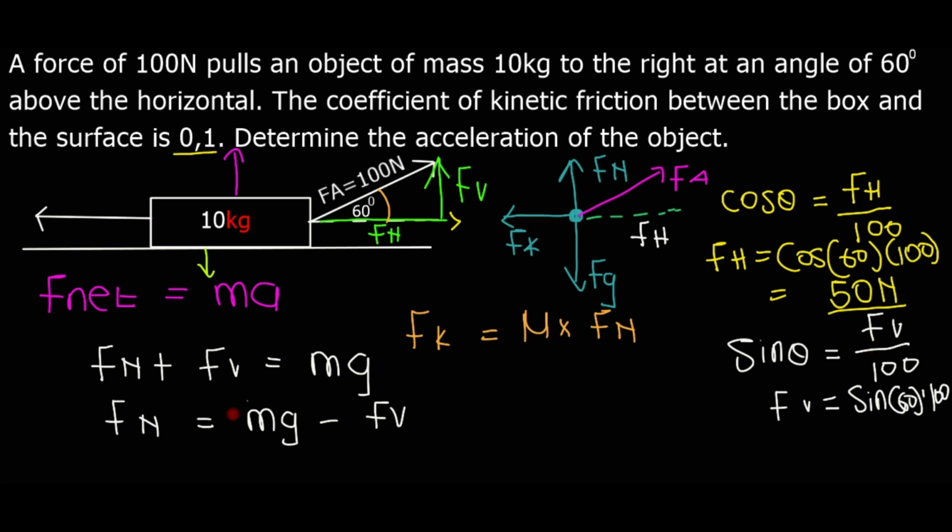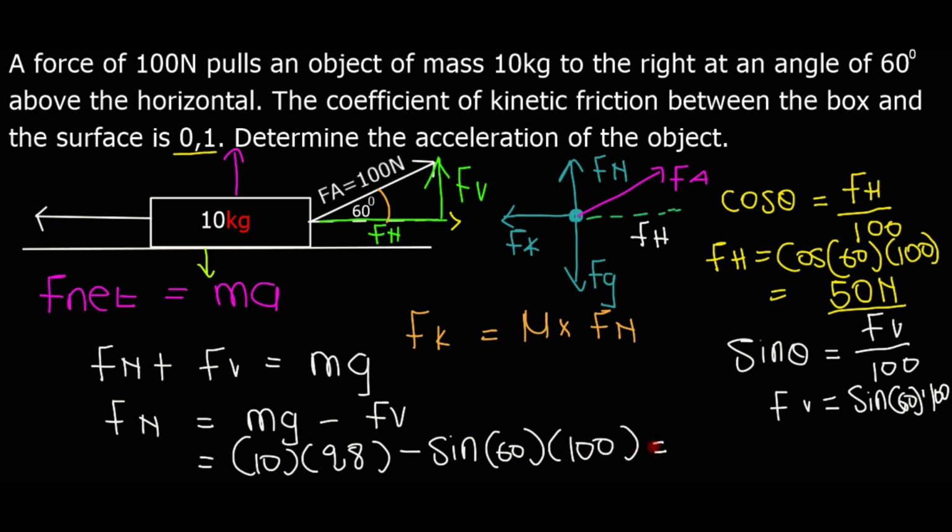From there we substitute here. Mass is 10 kilograms, gravity is 9.8, and then minus sin 60 times 100. So this is our normal force.